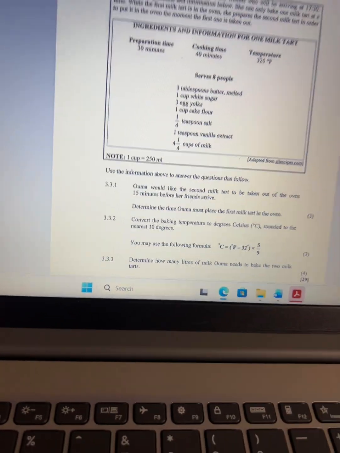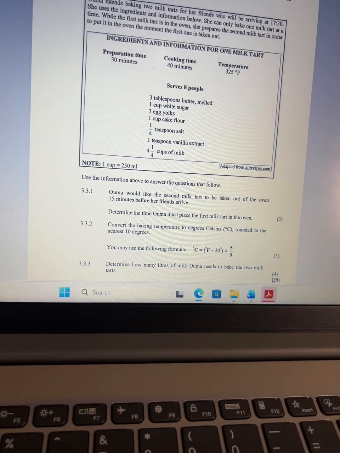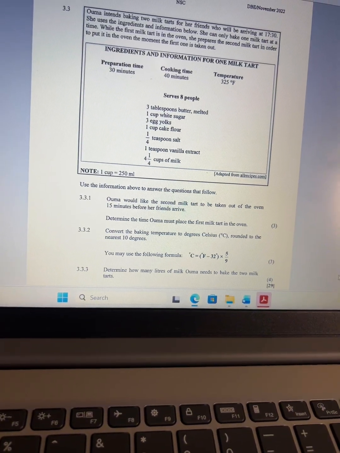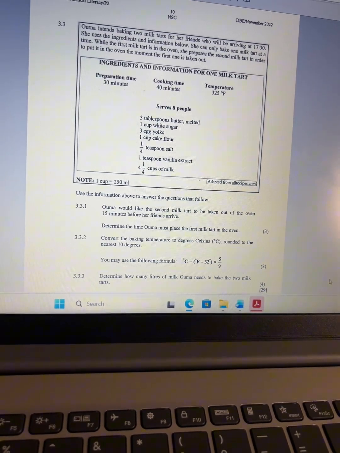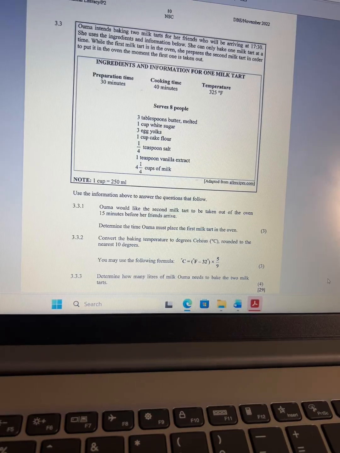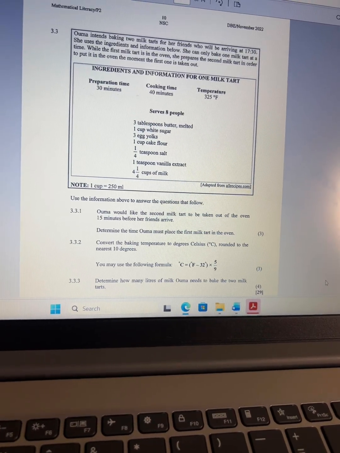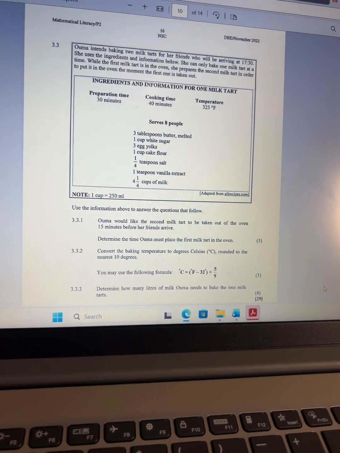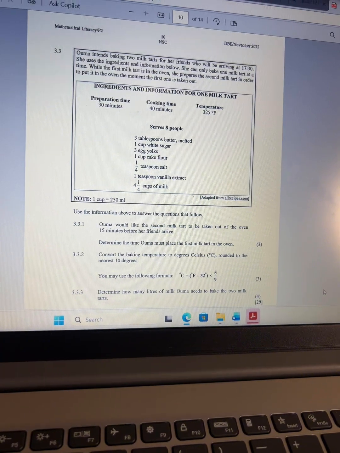And then let's go to 3.3.3. They said determine how many liters of milk Oma needs to bake the 2 milk tarts. What did they say about the milk? They said the milk must be 4 and 1/4 cups.